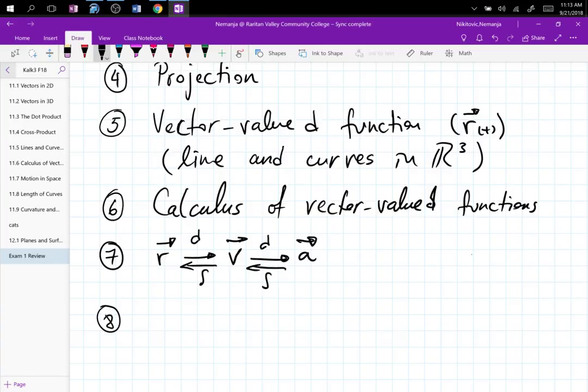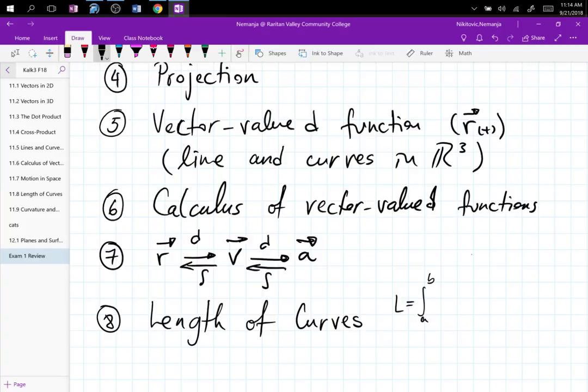Number 8, length of curves. And you have Calculus 2 formulas included in this list. So you have the Calculus 2 formula, where L was the integral from a to b of the square root of 1 plus f prime squared dx.